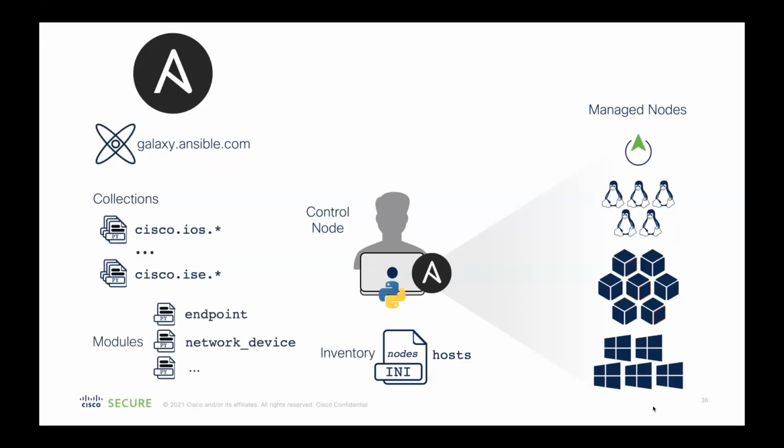A module is a Python script that runs SSH or REST API calls or WinRM and talks to those devices to control a very specific part of its configuration or services or operation. And the way we do that is with something called playbooks.